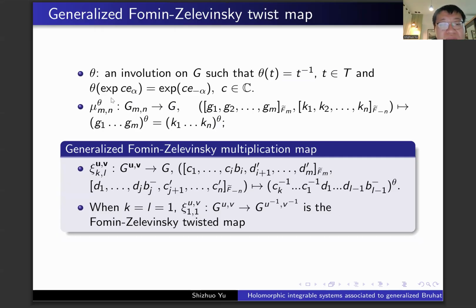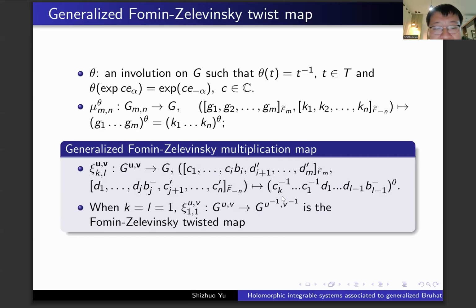And then I will introduce the generalized Fomin-Zelevinsky twisted map, which is also a generalization of the Fomin-Zelevinsky twisted map. It means that first you fix some positions for this B_i, denoted by K and L, and write down the unique expressions.